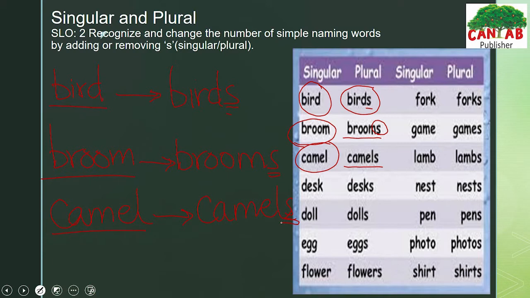So let's read the rest of the poster. Desk. Desks. Doll. Dolls. Egg. Eggs. Flower. Flowers. Frock. Frocks. Game. Games.